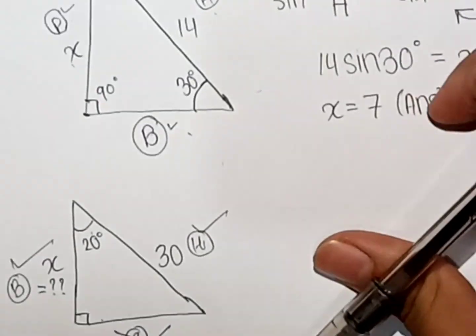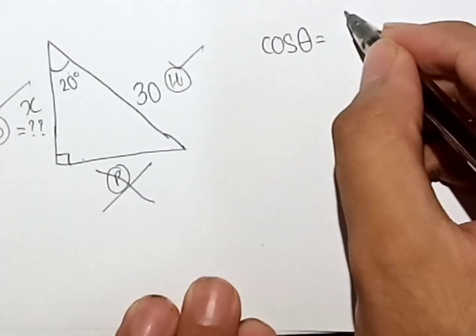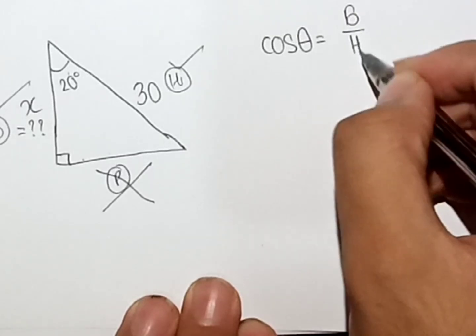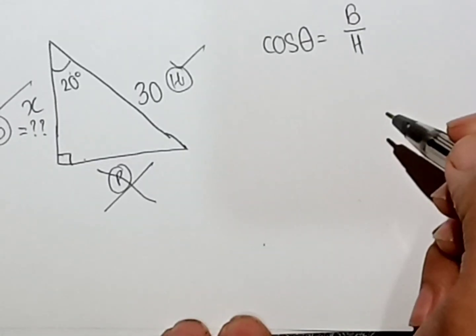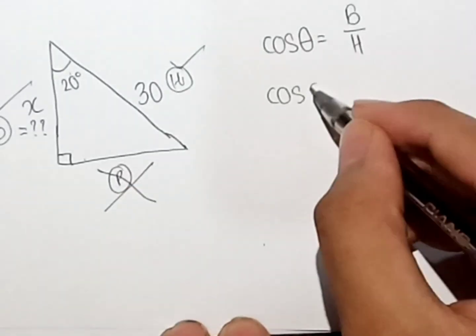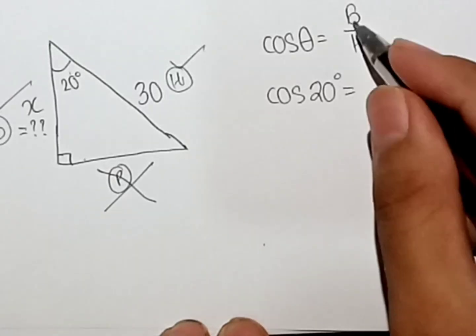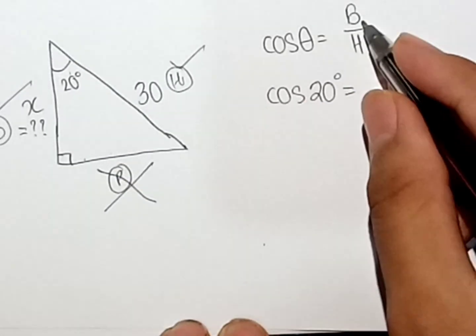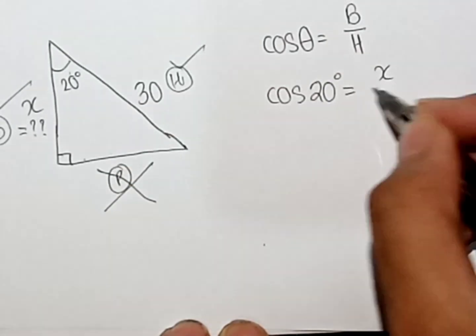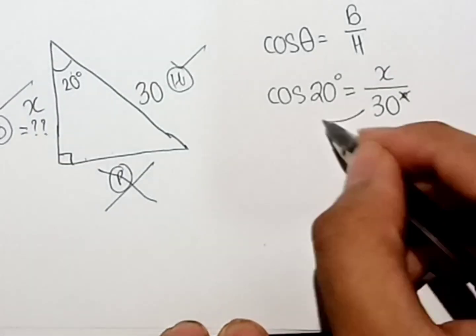Can I apply the cos rule now? Yes, cos theta is equal to base upon hypotenuse. Exactly. Now input the values. What angle has been given? Cos 20 is equal to, where is the base? x upon the hypotenuse 30, not degree.